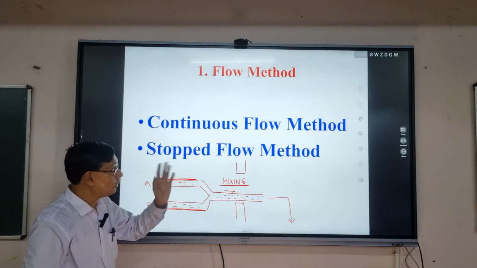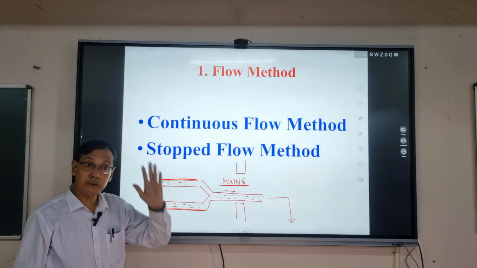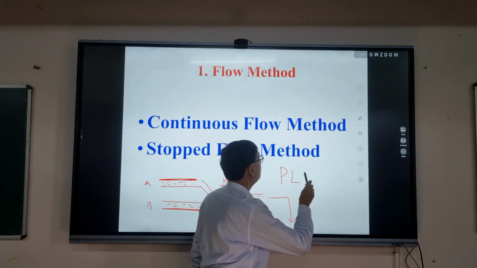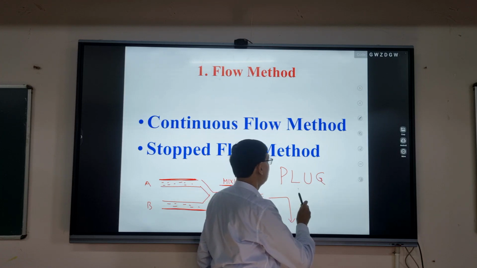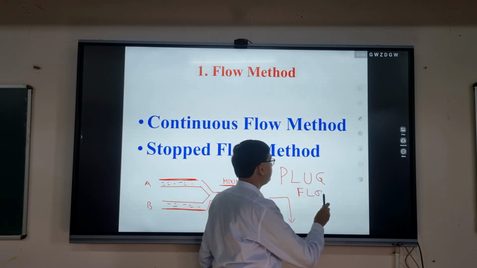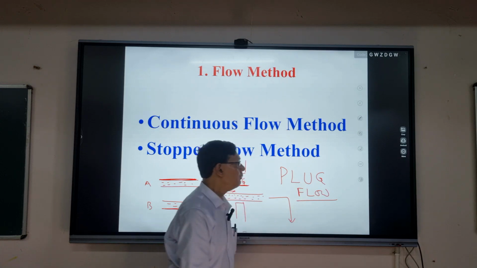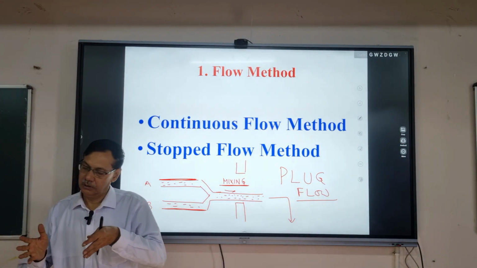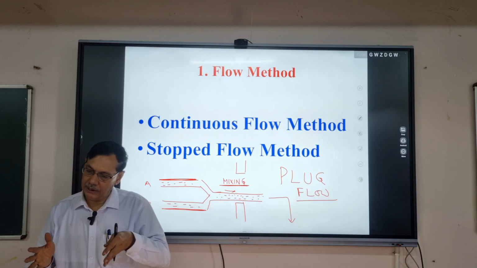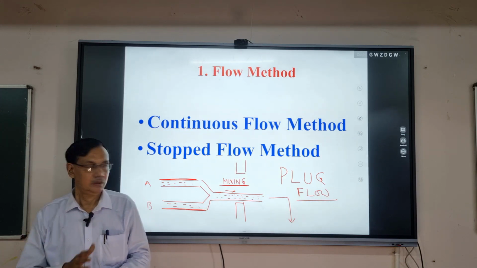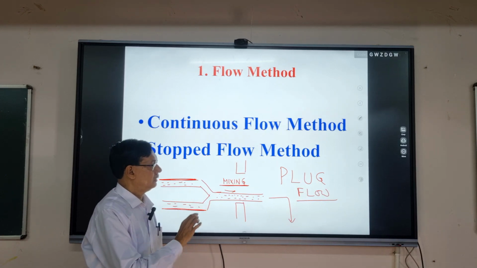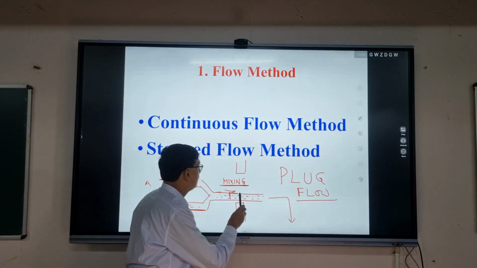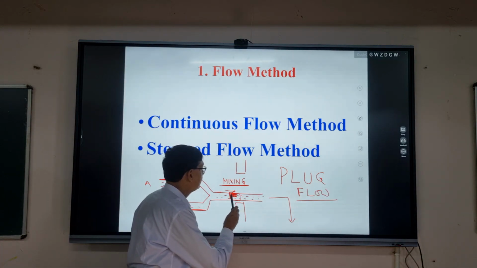Now in continuous flow also, the first method is called the plug flow. P-L-U-G, don't confuse. Plug flow means we need a reactor and we monitor a particular volume element.